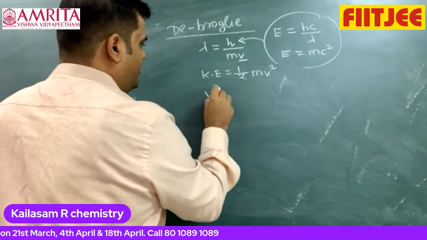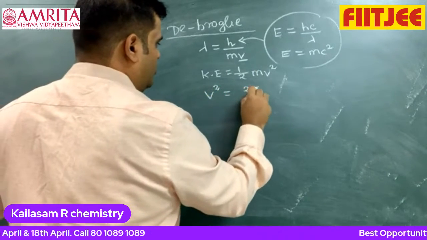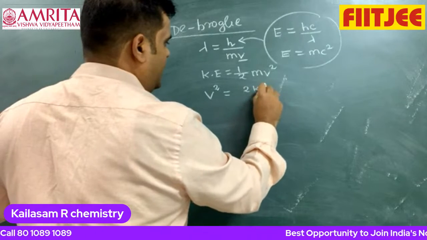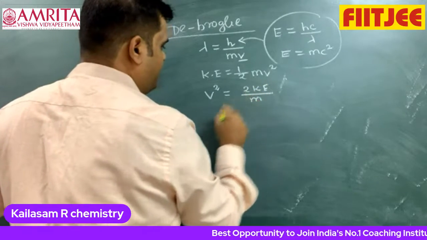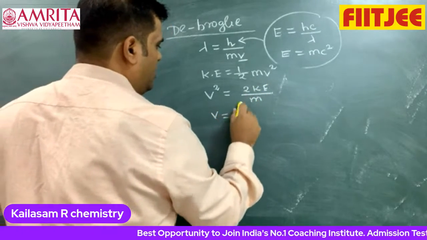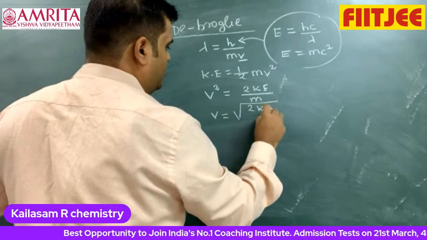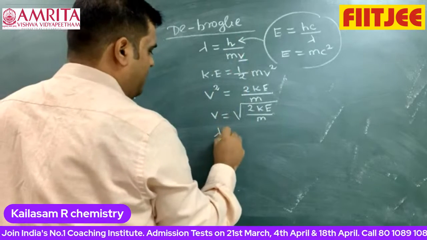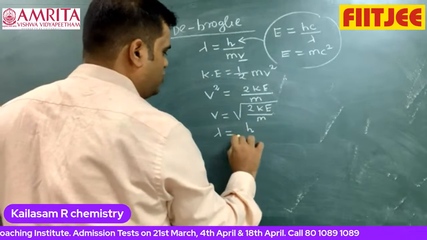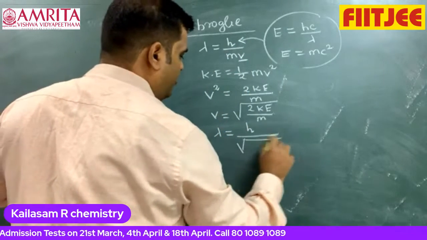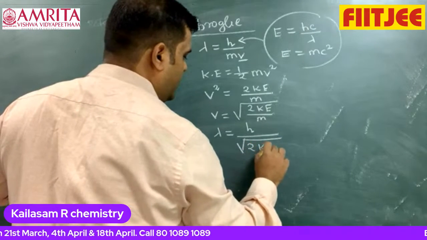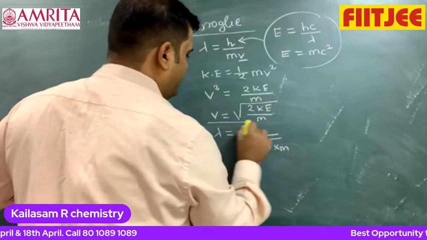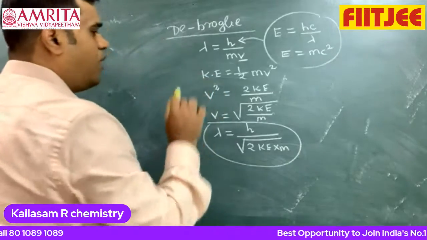Therefore, v square is equal to 2KE by m. v is equal to root of 2KE by m. Therefore, substituting, lambda is equal to h by root of 2 into KE into m. That's all. This is what the problems use.